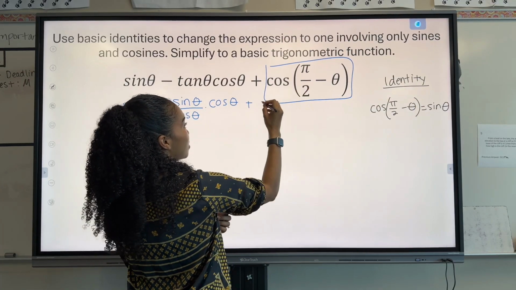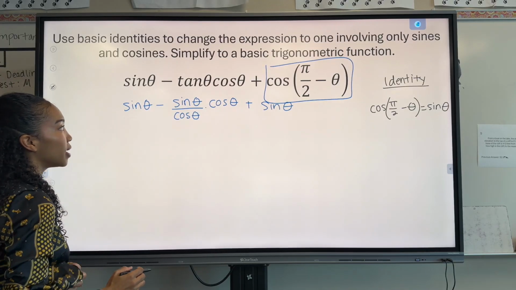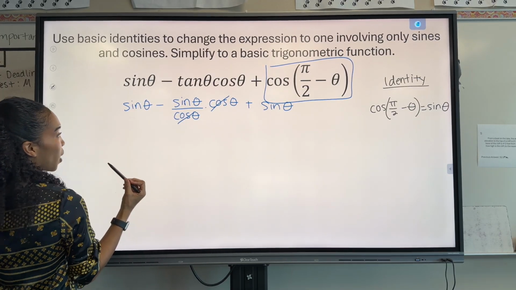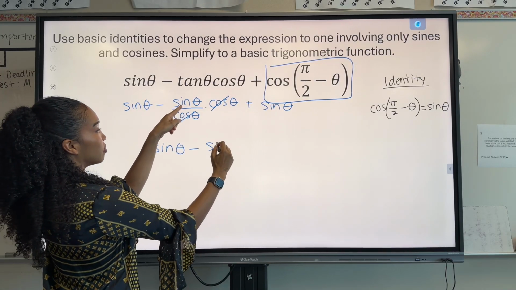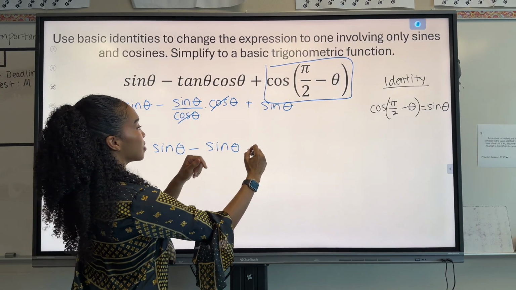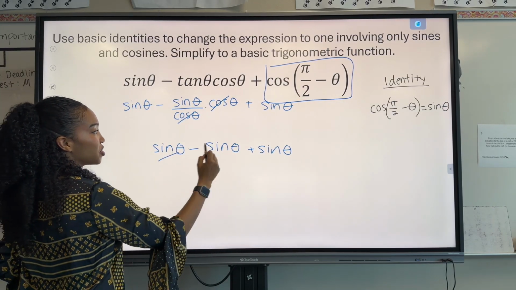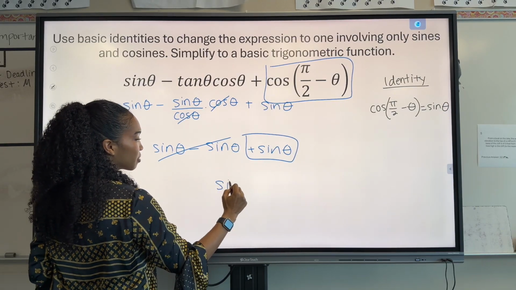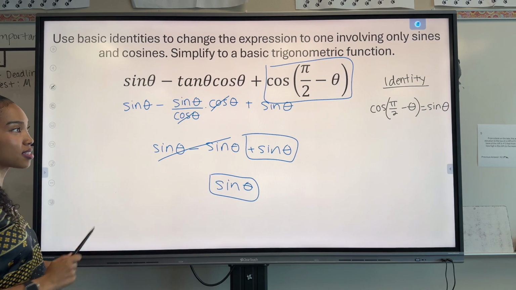So I'm going to replace this whole thing with sine. All right, and notice these are being multiplied, so I can cancel those out. So I'm left with sine minus sine plus sine. Anything minus itself just cancels out. That's 0. So you're just left with sine. That's your answer. So this expression simplified down to sine.